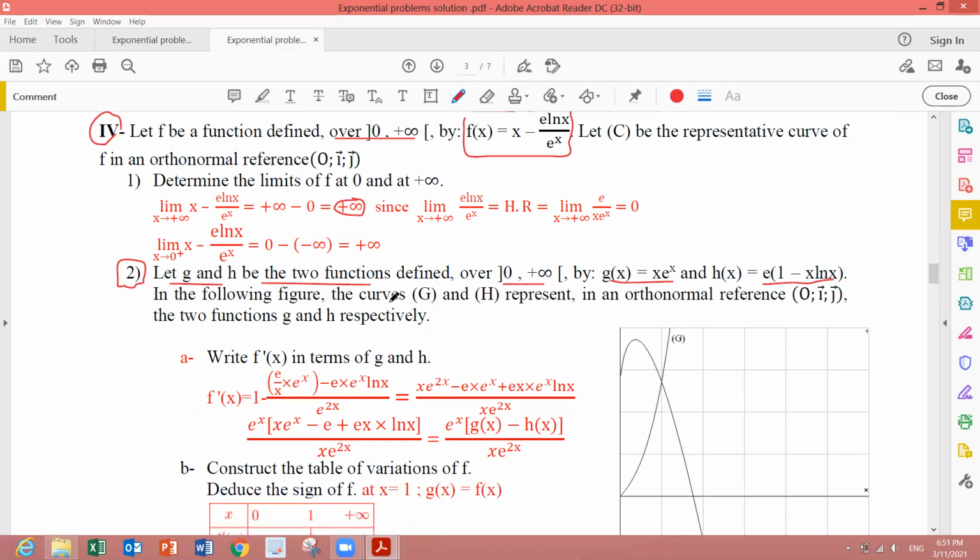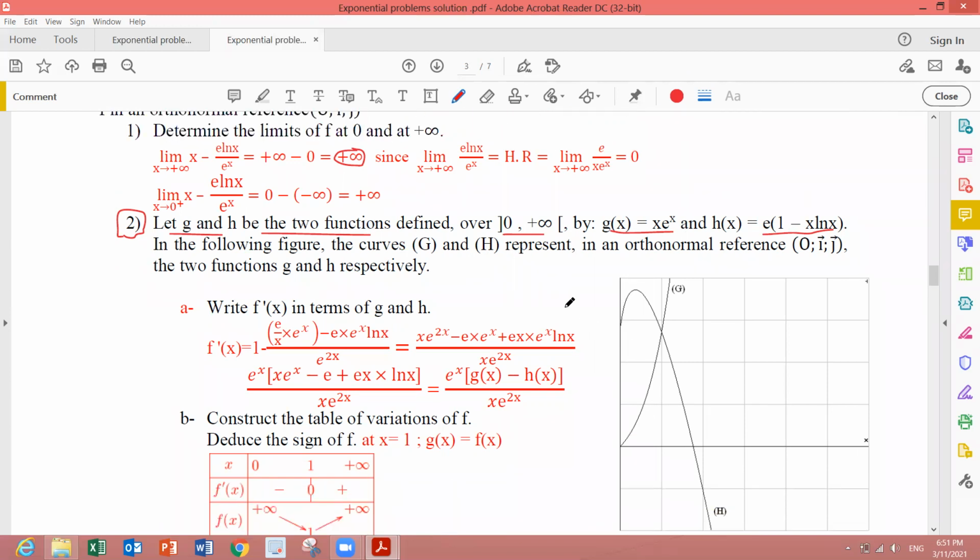In the following figure, the curves of g and h are represented in an orthonormal system. So this is the curve of h, and this is g. Write f prime of x in terms of g and h.